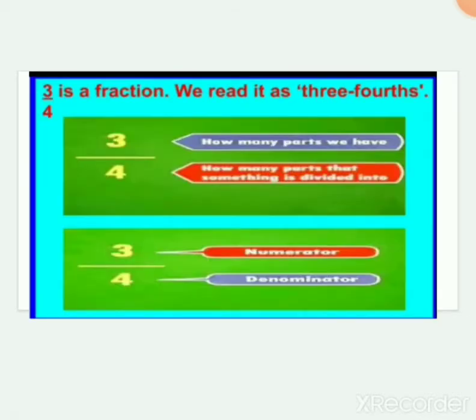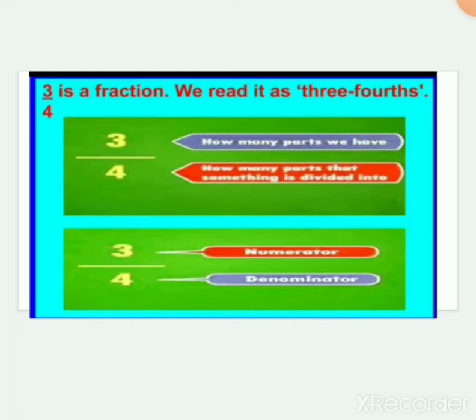So this is given here. 3 upon 4 is a fraction. We read it as 3/4. So as we all know, it is 3 fourths. Fourth means the denominator. If we write fourths, we put it behind the number.